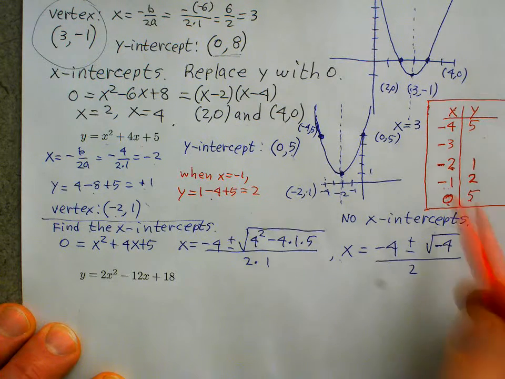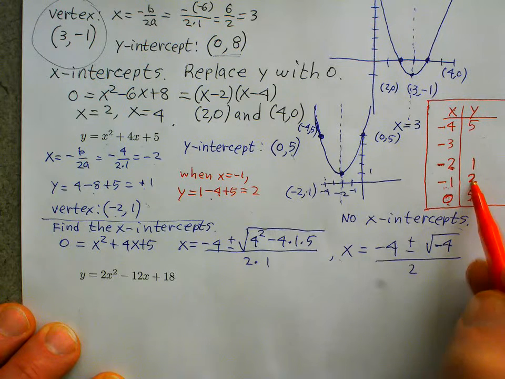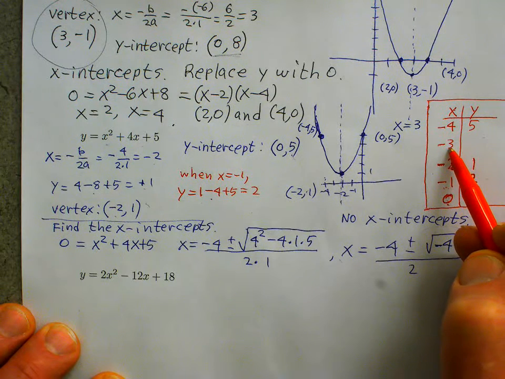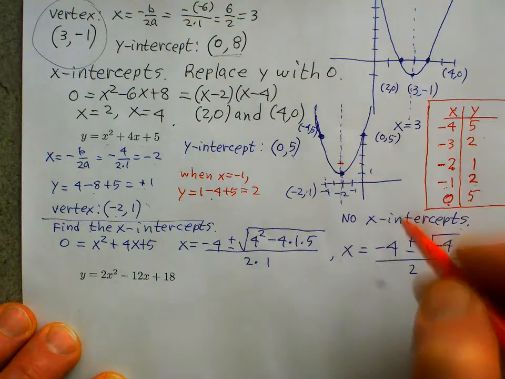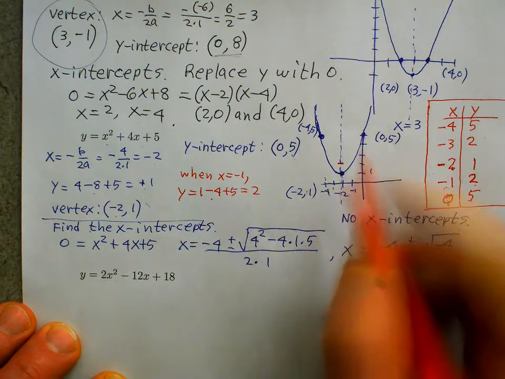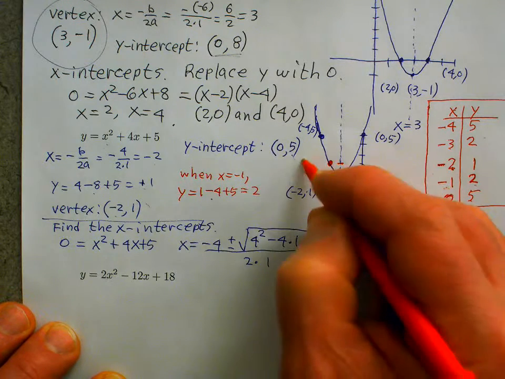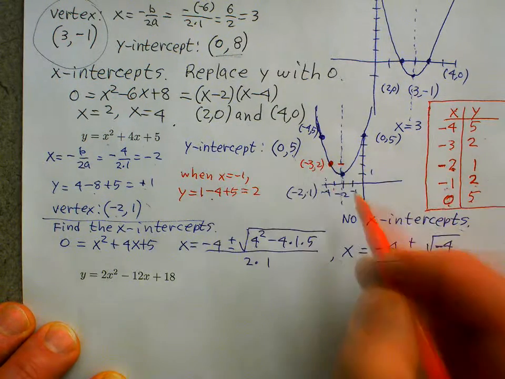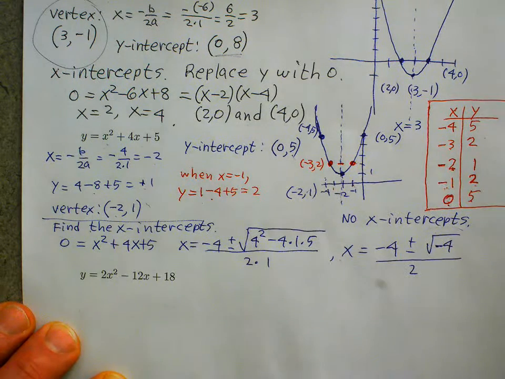So the y-coordinate that goes with x equals -1 is 2, and by symmetry, the y-coordinate that goes with x equals -3 is also 2. So that even looks believable on our graph. When x is -3, the y-coordinate is 2, so -3, 2. And when x is -1, the y-coordinate is 2 also.